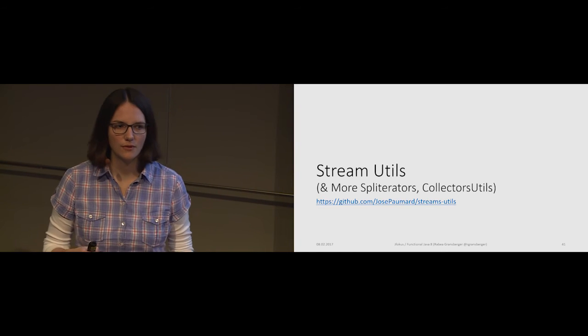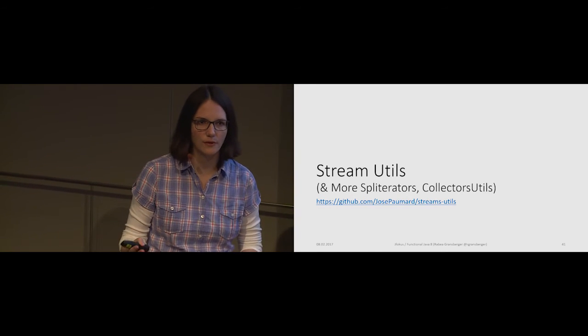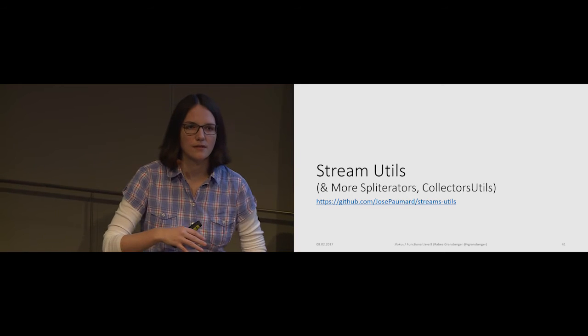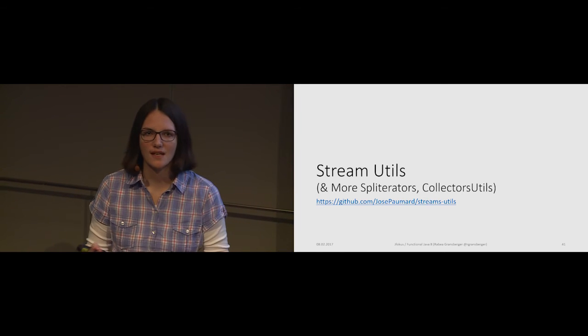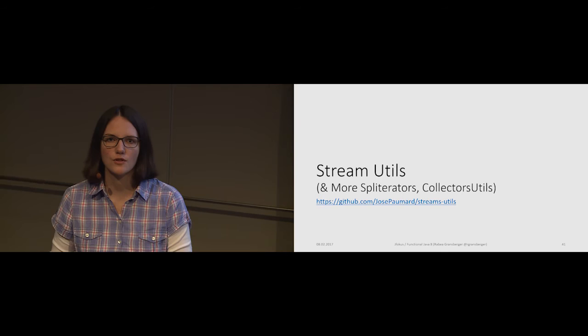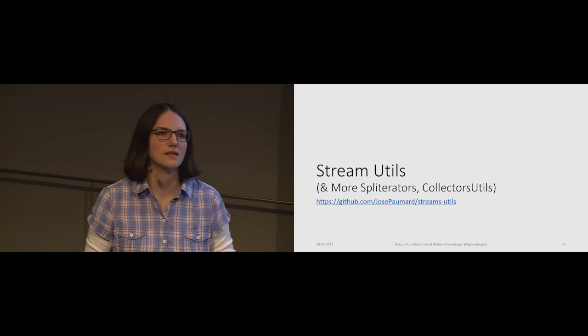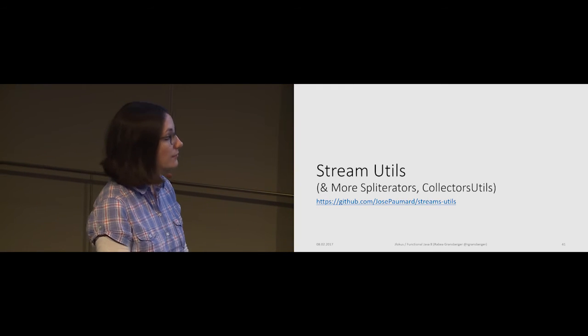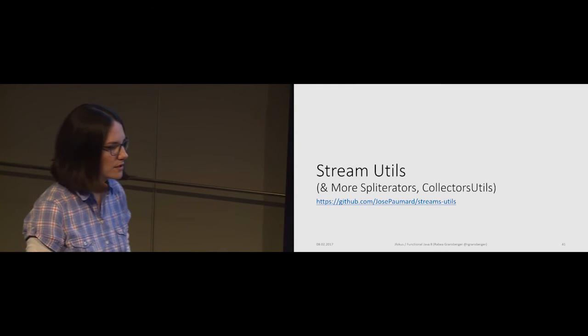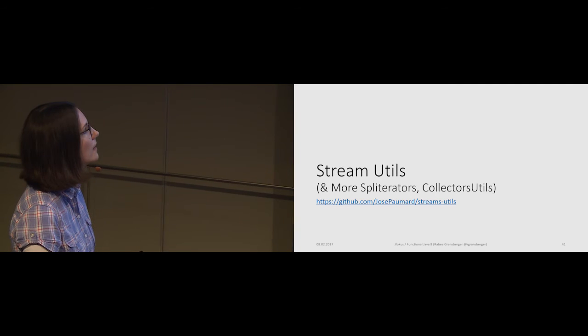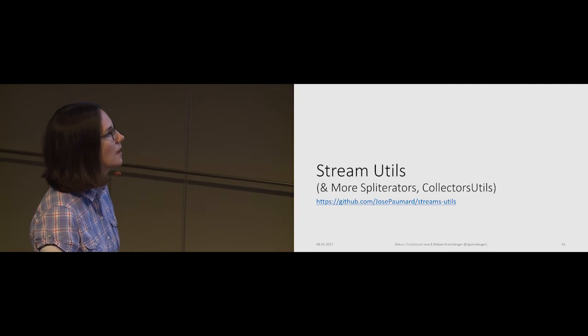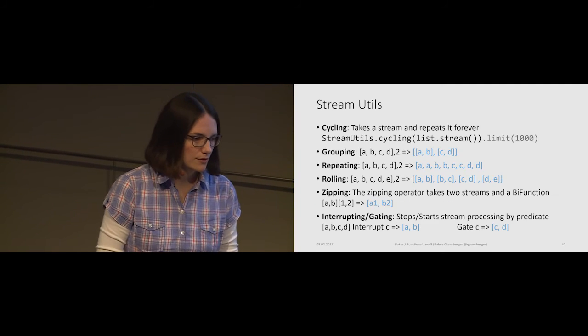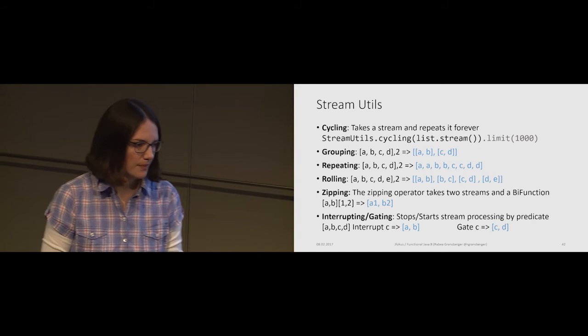So if you go in for a stream from your array list, there's always a special spliterator implementation, which is actually producing the values for the stream and allowing the stream operations and telling the stream operation it can be parallelized and so on. So if you want to have a look at some different spliterator implementations, you can also find them on this GitHub account. And there's also some more collector utils if you're looking for some more collectors.